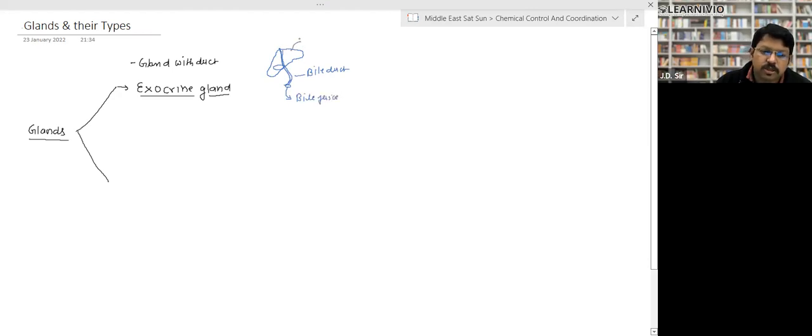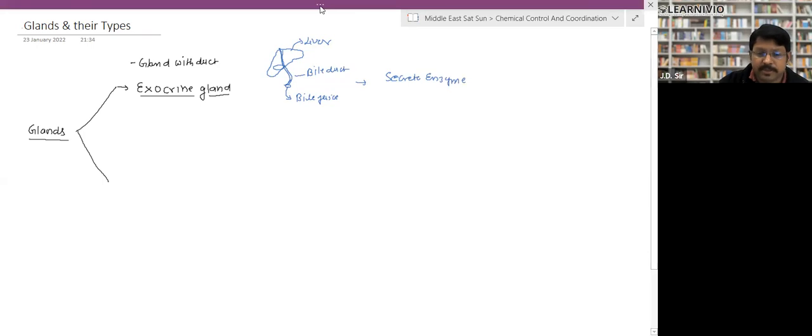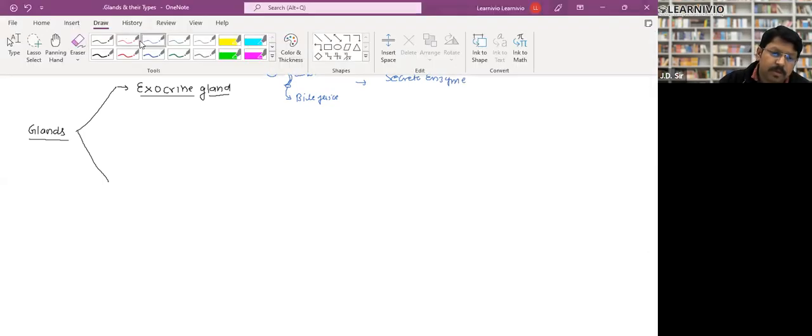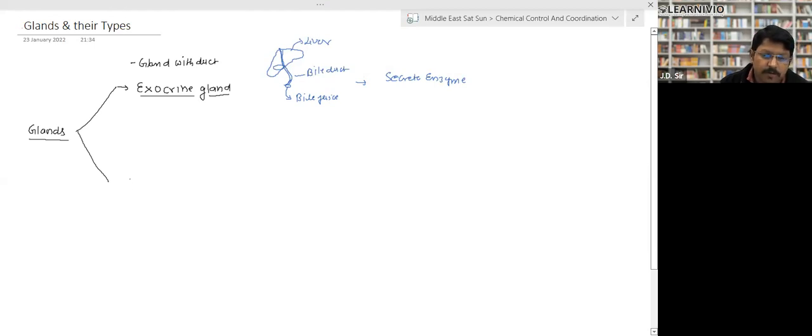So these are called glands with duct because they release their secretion with the help of a duct or pipe, right? Basically, exocrine glands secrete enzymes, which we have already discussed in detail. Next, the second kind of gland is called endocrine.